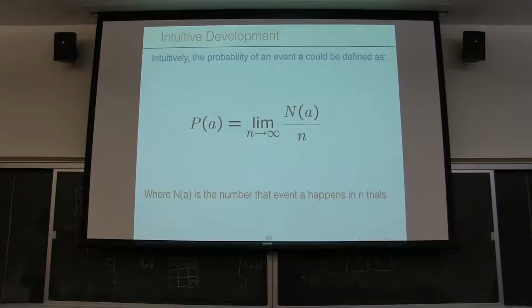If I flip a fair coin many, many times, and I count how many times I have heads and how many times I have tails, I would expect 50%, 50% if it was fair. So that's what our intuition says about probability. Here I have the number of times an event happens over the number of times I try, and the limit of that ratio as the number of trials goes to infinity is what I call the probability.